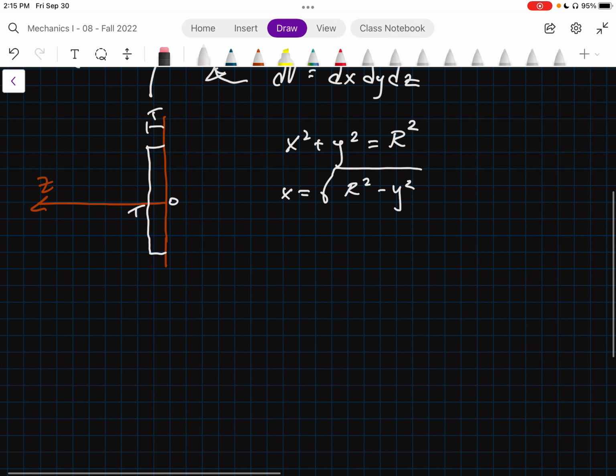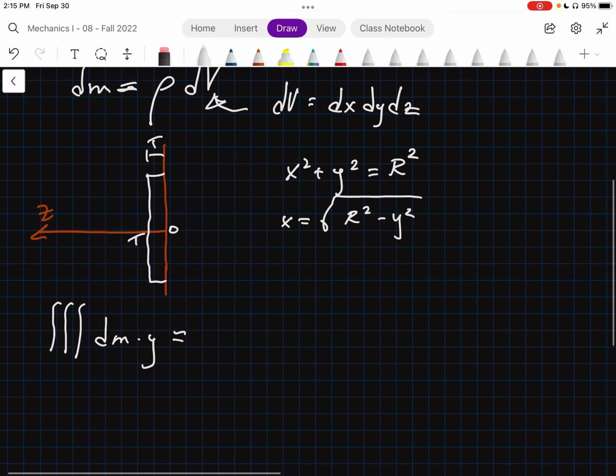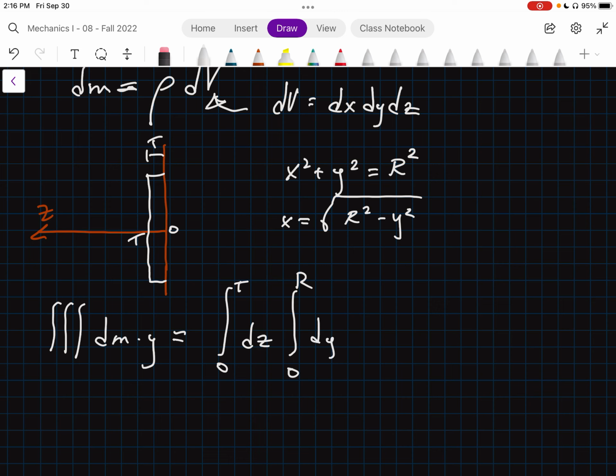So again, just focusing on first the top part of the center of mass expression. So dm times y. Let's just put it in here first. We'll do 0 to t in the z direction, and then 0 to r, the radius of the disk, in the y direction.